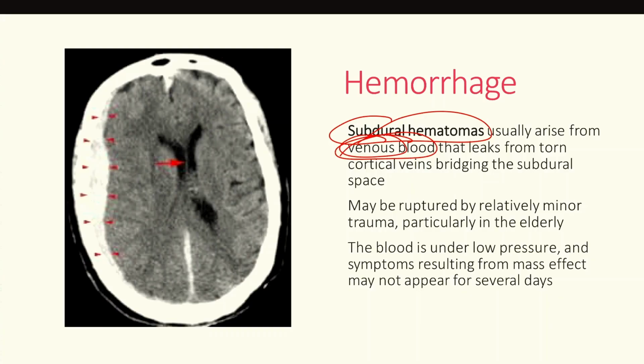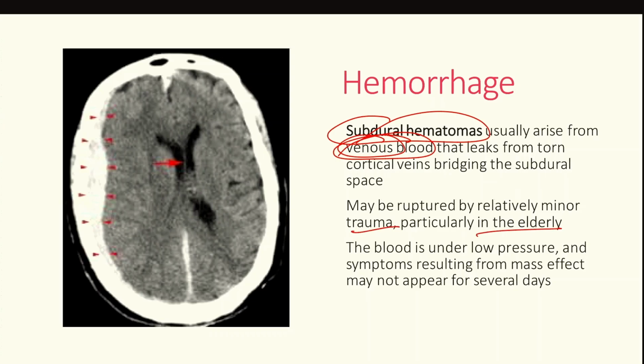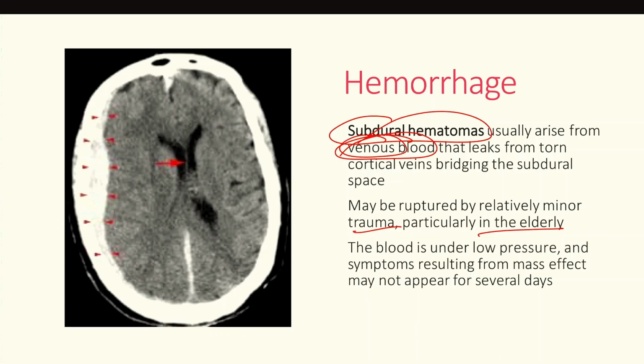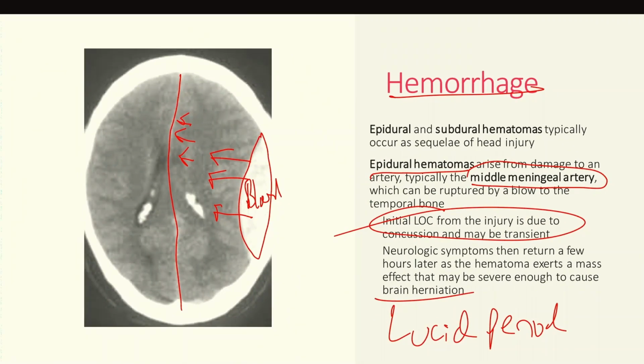These ones can be very minor. They can live with these things for a long time. They usually resolve. We get minor trauma, particularly in the elderly, because they have that cortex thinning. Those veins are being pulled tight, and they can rupture very easily. Very low pressure in these because it's venous blood, so they just ooze, whereas your epidural is arteries.